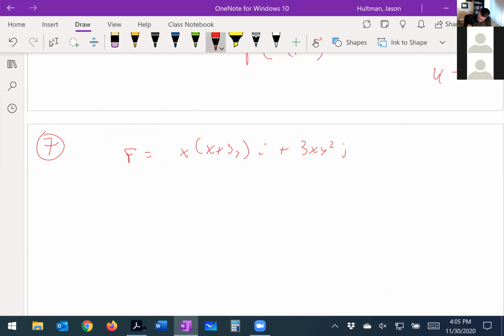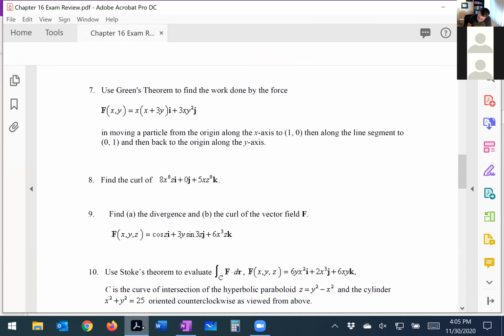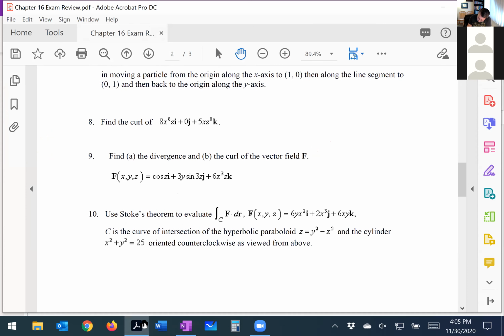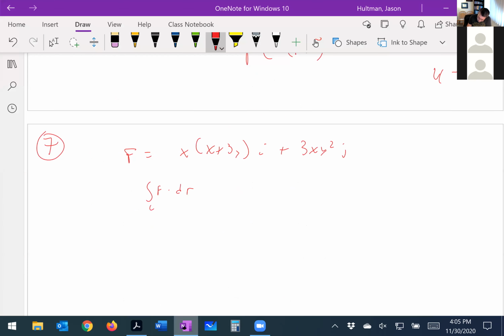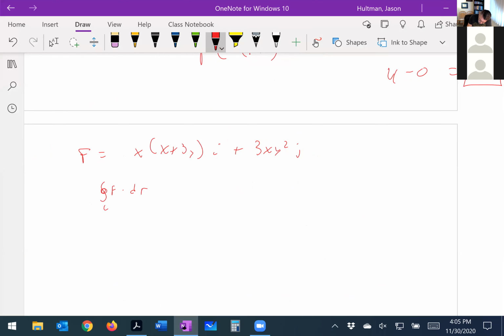I want to know the work done for the line integral. Use Green's theorem to find the work done by the force. We're positively oriented. How do I know? Because I'm going around this triangle.